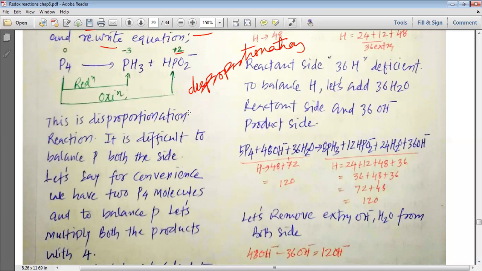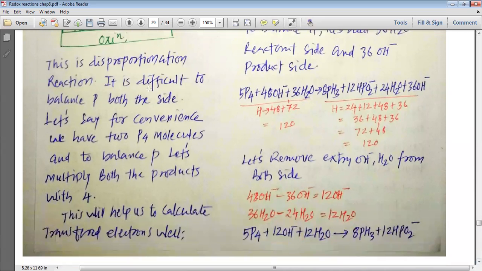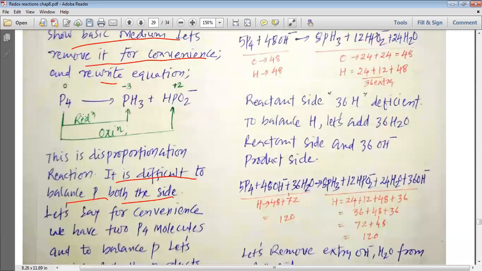But that is the redox reaction, and we can easily balance it whether it is a disproportionation reaction or not. This disproportionation reaction is difficult to balance for P on both sides, because the same P4 molecule undergoes both oxidation and reduction.